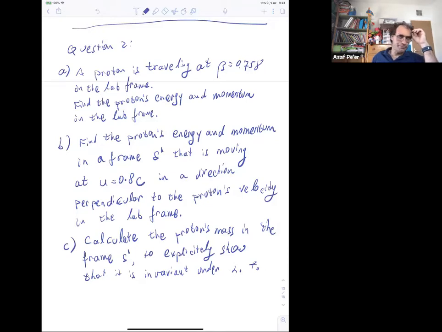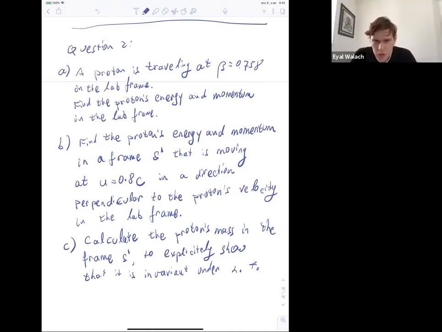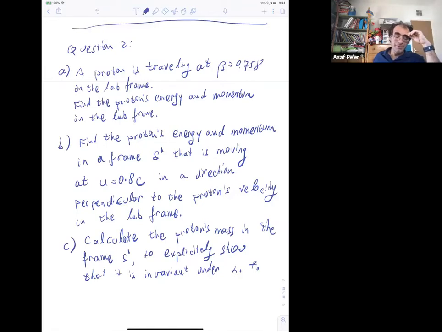Okay, so how do we approach this problem? Lorentz over and over. Oh, so many Lorentzes. Okay, first thing, solution.